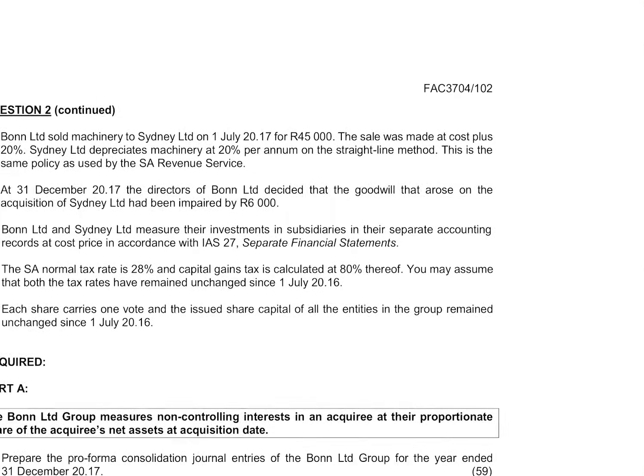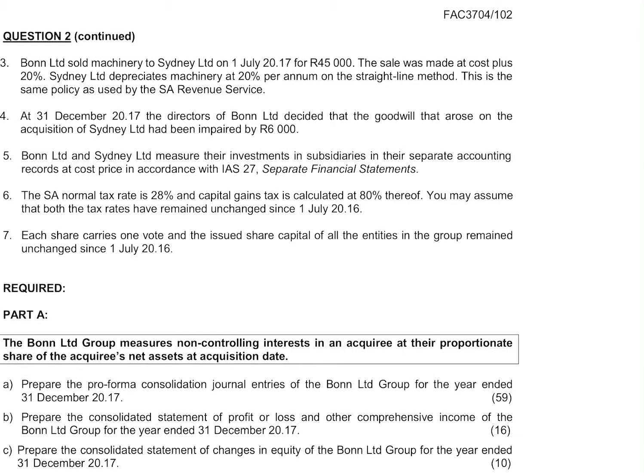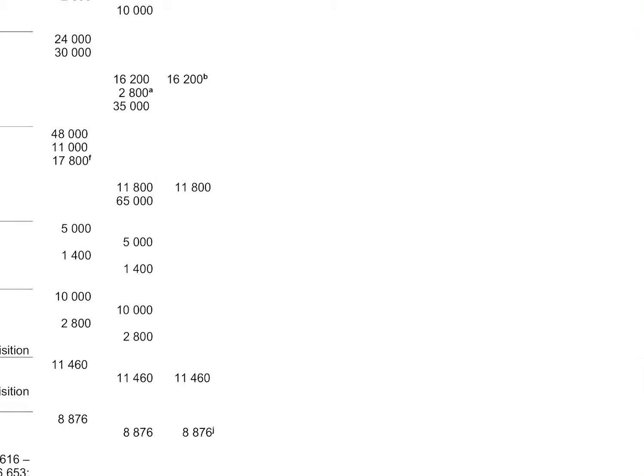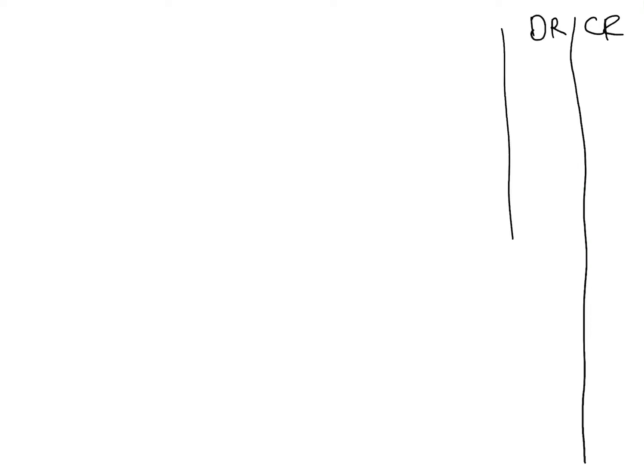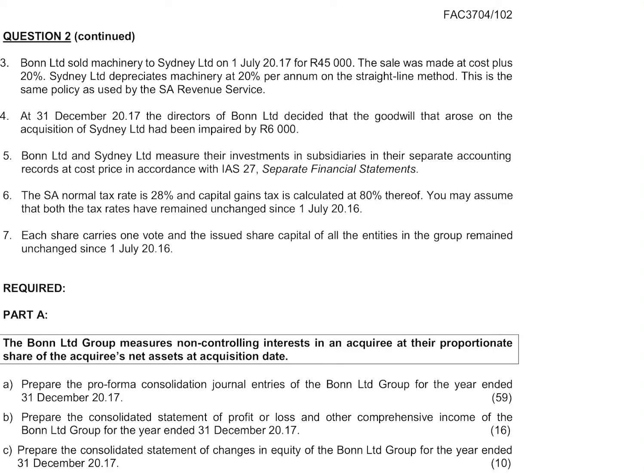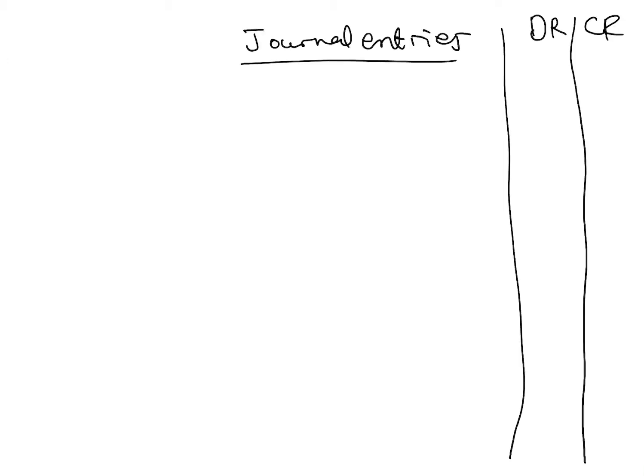Right, so when we are to write our journal entries now, what we do is we have our debit and our credit like that. Journal entries. So the first journal, what we can see here is that the parent sold to the subsidiary.